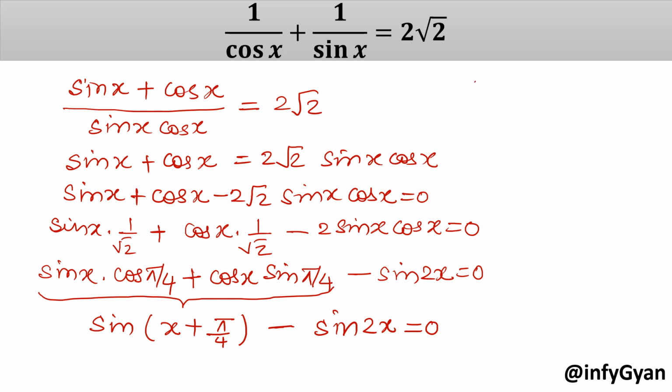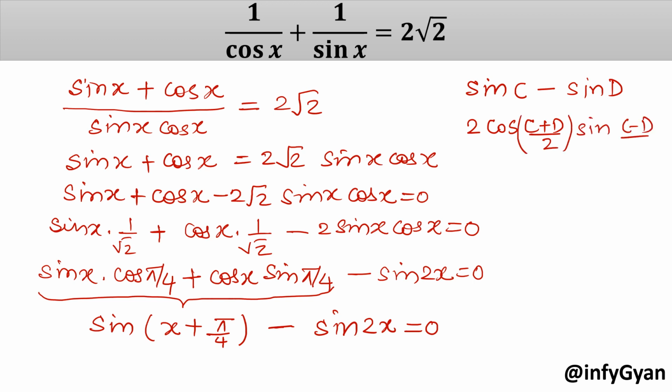Now if you remember the sin C minus sin D formula, it is called the CD formula. Sin C minus sin D formula is 2 cos C plus D by 2 sin C minus D by 2. This is our formula and now I am going to use it.